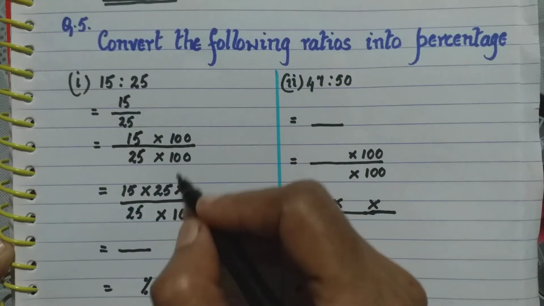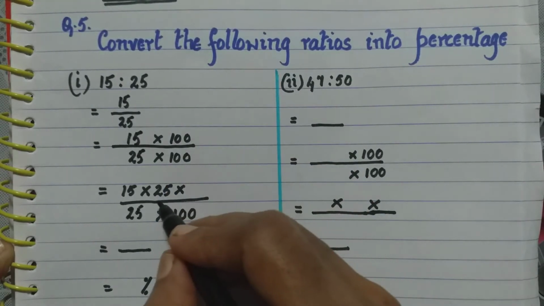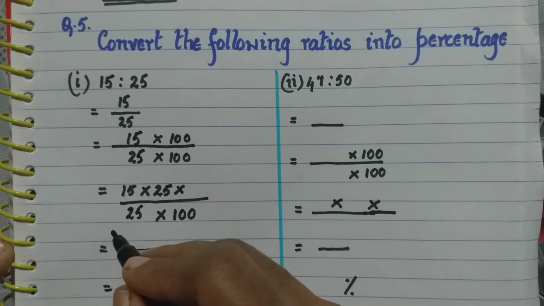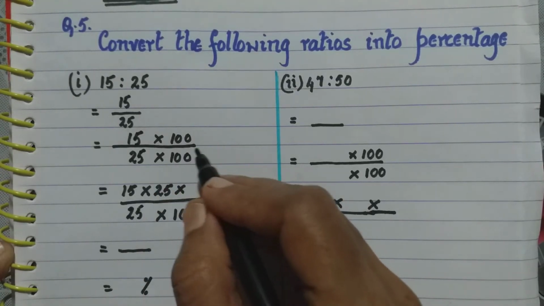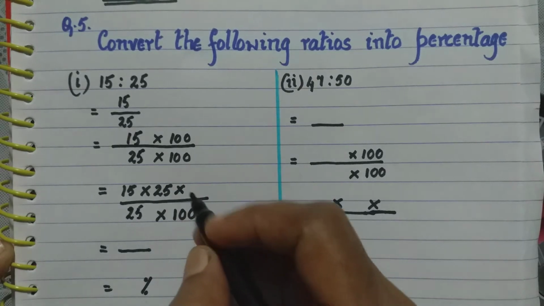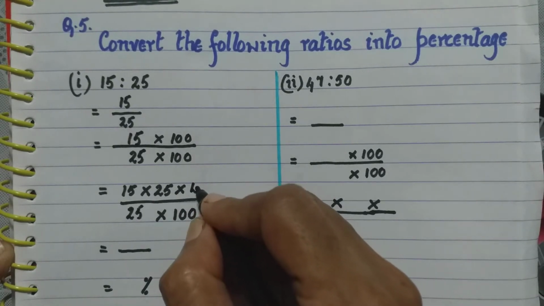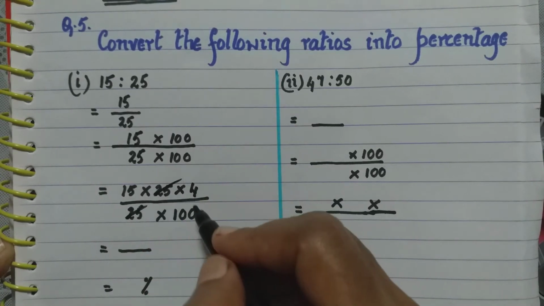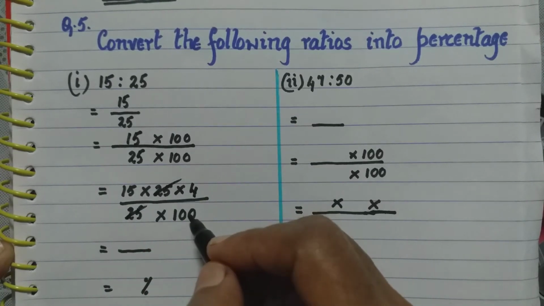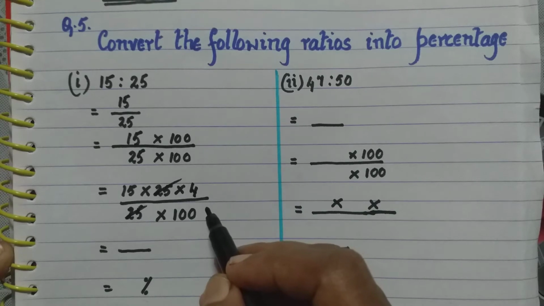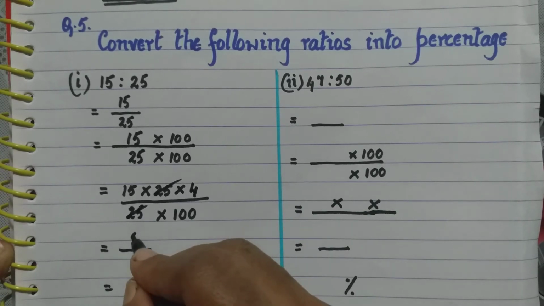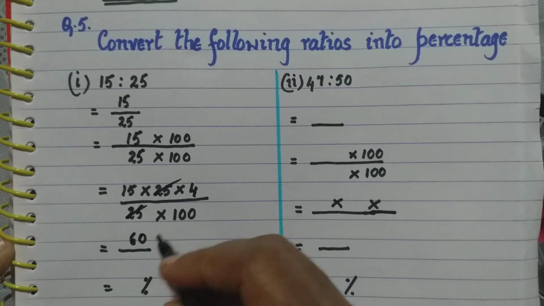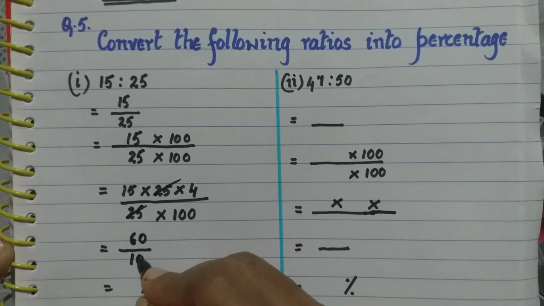Because this 100 I can write as a multiple of 25, such that 25 and 25 can cancel. Now 100 is nothing but 25 into 4, so we write here 25 into 4, and then 25 and 25 cancel. Now this becomes 15 into 4, that is 60, and the denominator is 100.